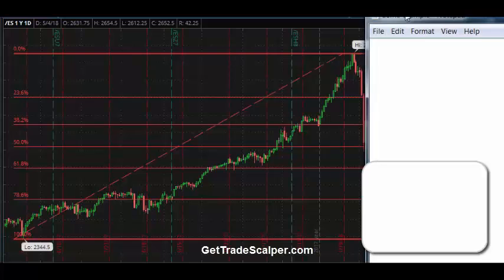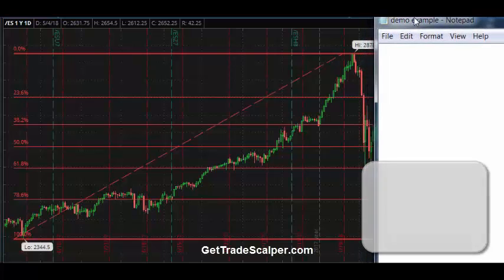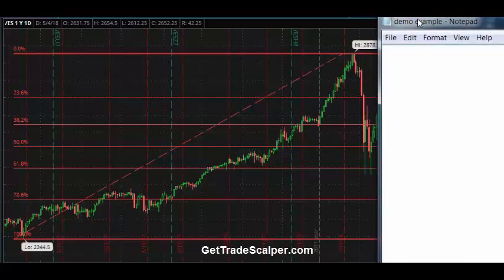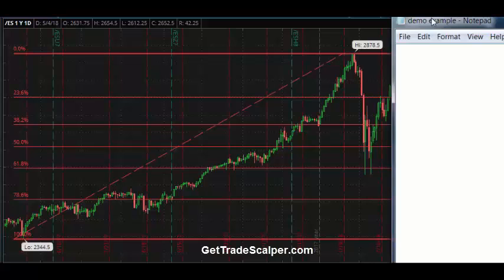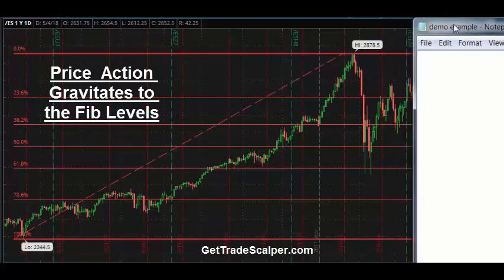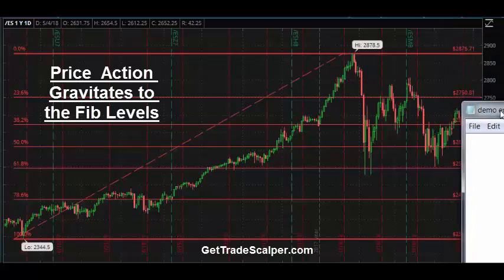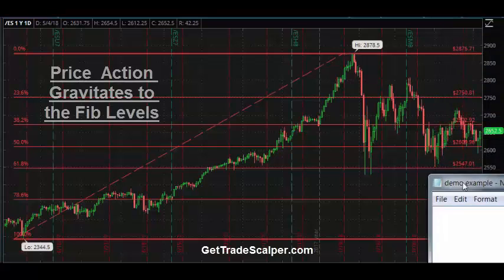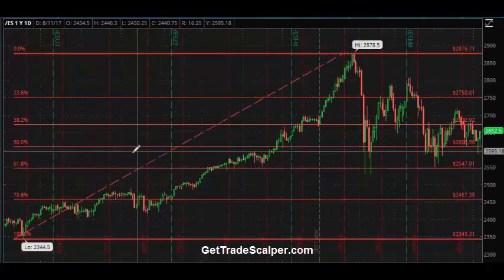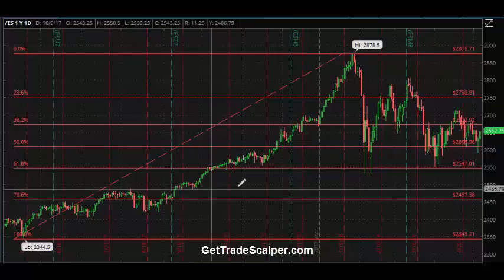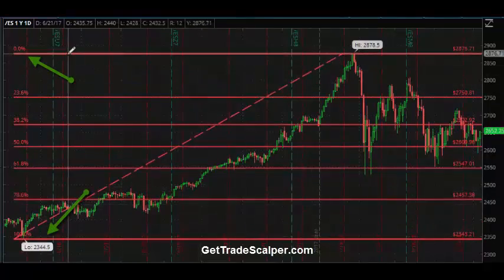But as the bars begin to place from price action, we can begin to see something magical happening, right? And price action tends to follow support and resistance along these Fibonacci lines that have been put in place.